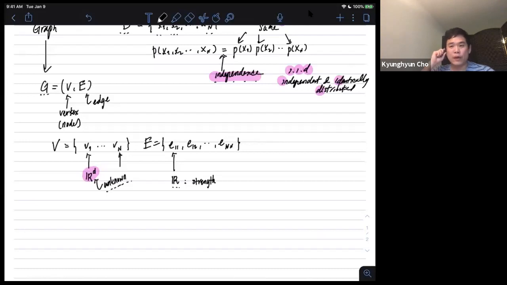Maybe their locations, but does the location tell us everything about the airports? That's not necessarily true. For instance, in the New York area, there are at least 4 to 5 airports, and all those airports, although they are located very close to each other, are very different.